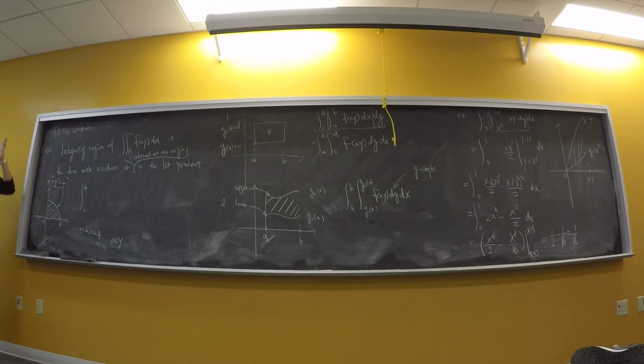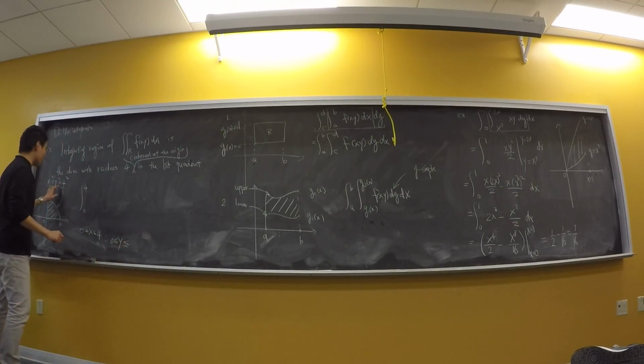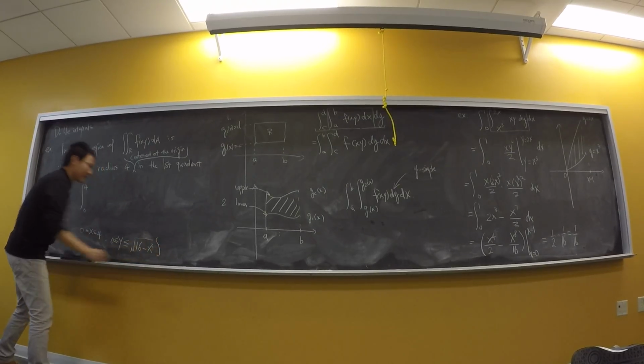I need two numbers for x, two functions for y. In other words, I need to solve for y right here. So solving for y is going to be the square root of 16 minus x squared.